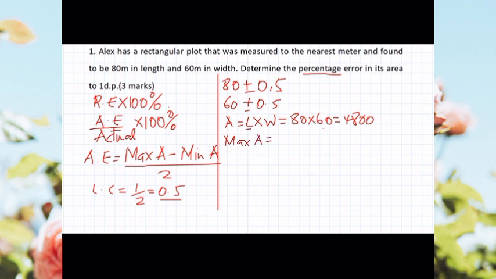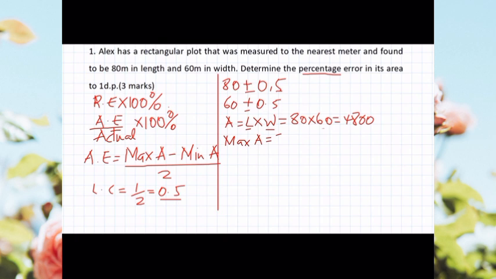And now to get the maximum, for us to get the area we are multiplying, so there we use propagation of errors, whereby for you to get the maximum product, you take the maximum of the first value multiplied by the maximum of the second value. So we take the maximum of the length multiplied by the maximum of the width.